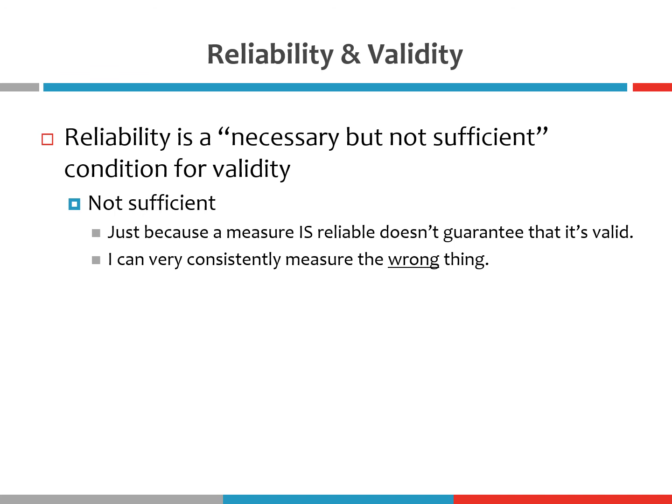Okay, so a couple other examples, right? If your speedometer on your vehicle is consistently measuring 5 miles an hour below reality, right? So similarly, if you set your scale so that you're always 5 pounds over your actual weight, that's going to be a very reliable or consistent measure, okay?